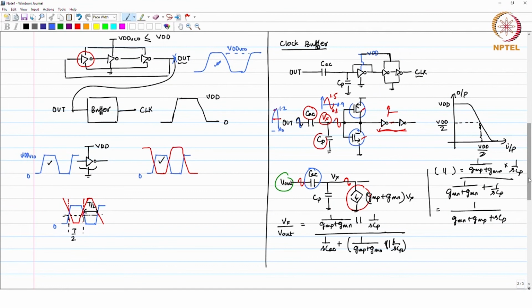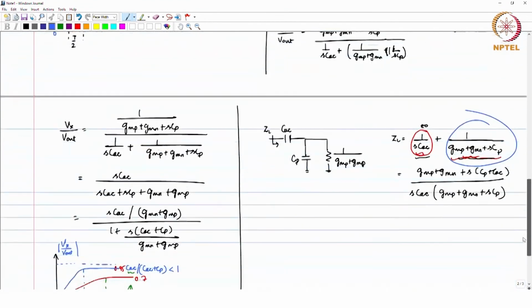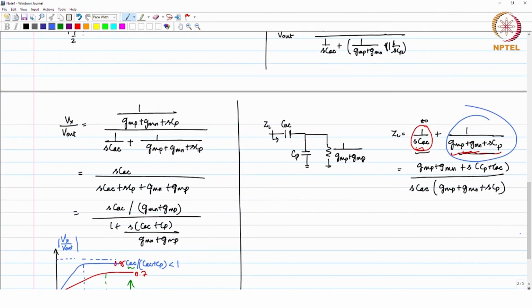If you load the output node of the oscillator by any impedance, this is GM plus CP, depending on which among GMP plus GMN and CP dominates, overall you are having this impedance. It is going to load your oscillator, and if it loads your oscillator, it is going to alter the output frequency. Any loading like RC loading is going to reduce your frequency of oscillation.